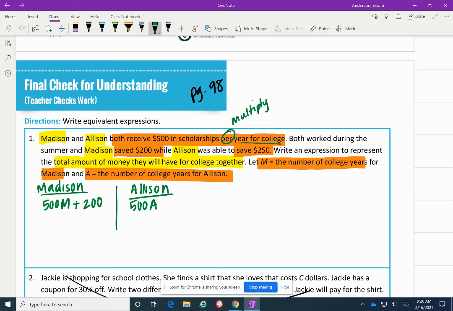Some people finish college early, some take a little bit longer. So we're not really sure how much time Madison and Allison are going to spend in college. But Allison was able to save $250, so we're just going to add that to her total.